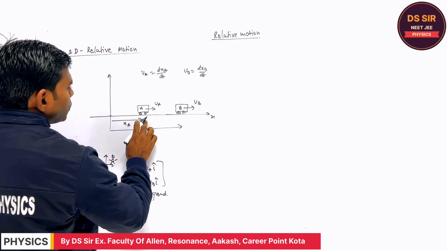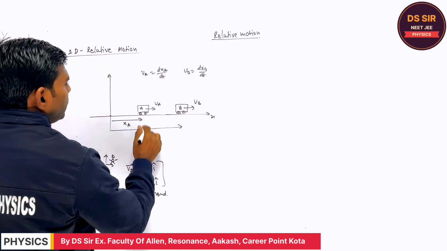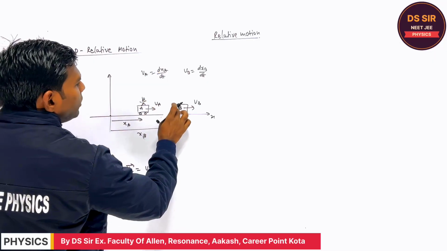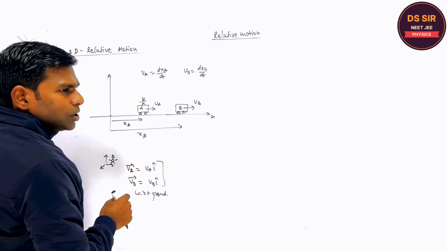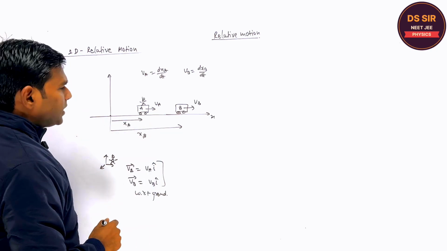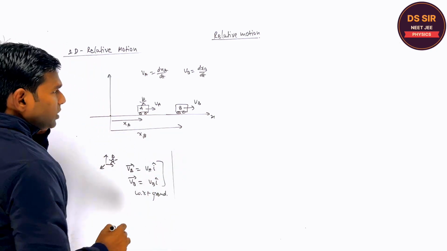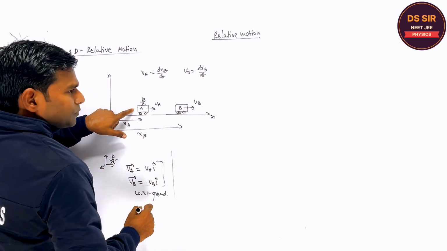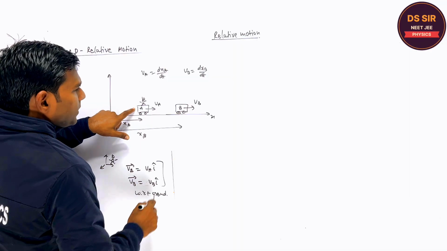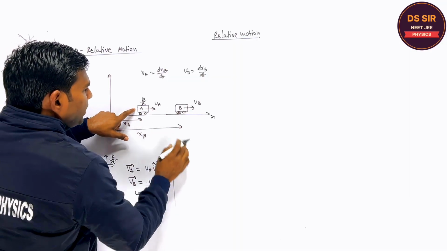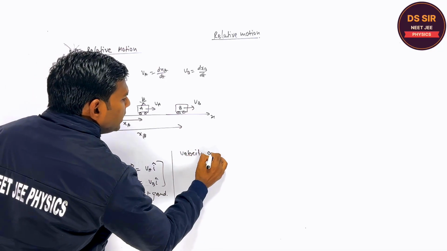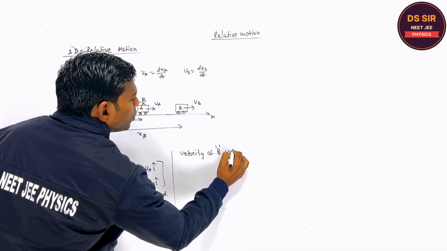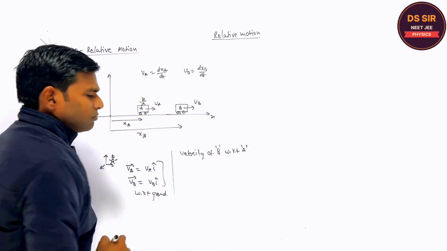Now if you sit on A and observe the B, or when you sit on the B and observe A, the velocity of B with respect to A, what does it mean?